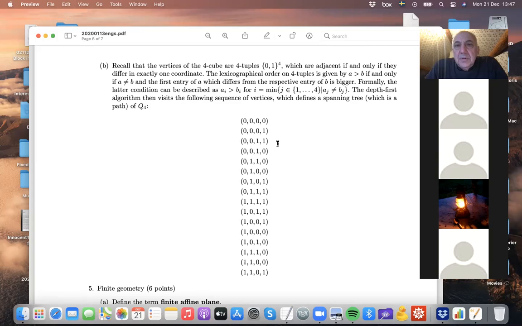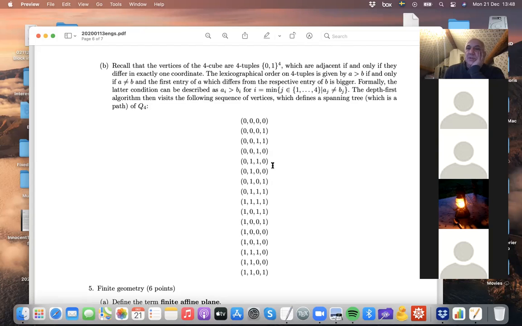So two vertices in a cube are adjacent if and only if their labels, the sequences of 0s and 1s, differ at only one position. For example, this is the neighbor of that, this is the neighbor of that, this is the neighbor of that.